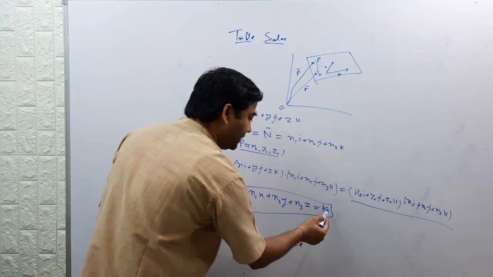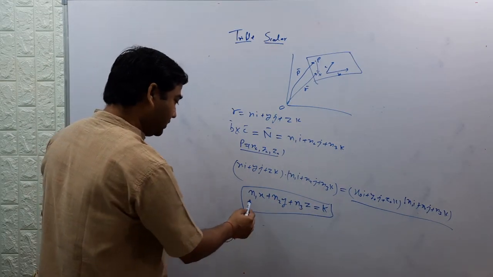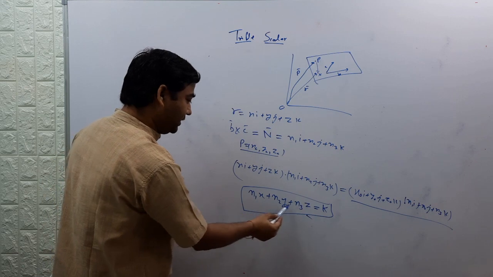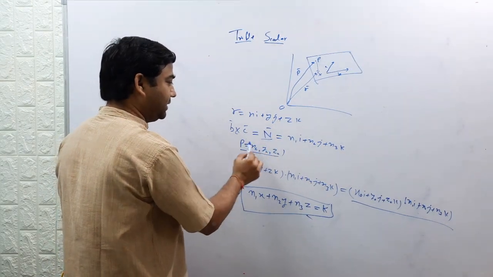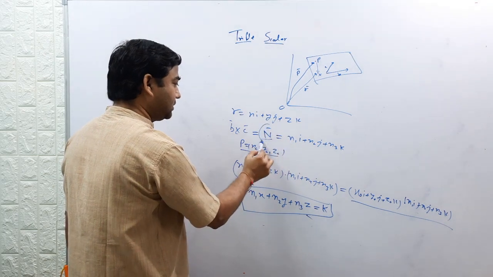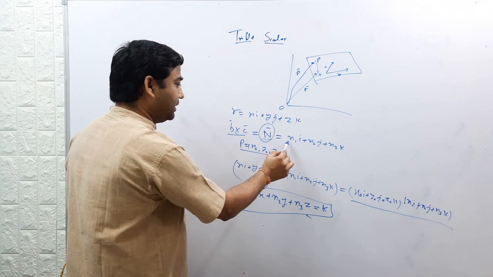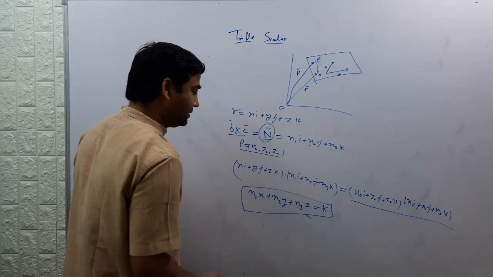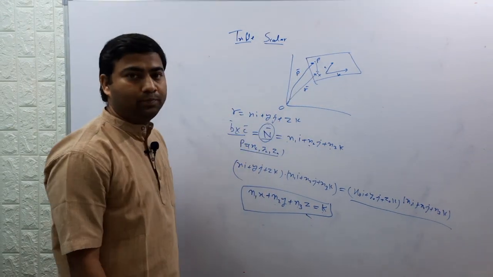So the dot product will be a scalar constant. So this is the equation of plane in symmetric form. n1, n2, n3 are components of vector n. Just remember, these are components of vector n, that is vector B cross C, and k is the dot product of vector n and position vector of P.